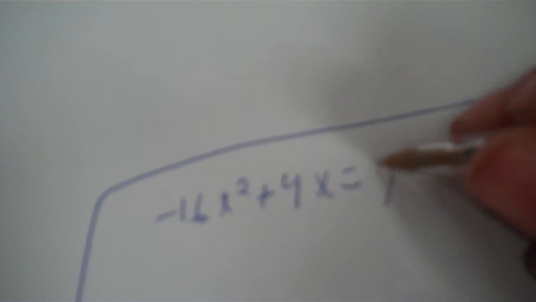So -16 x squared, velocity is 4, so 4x equals y. 0 feet goes in for y.